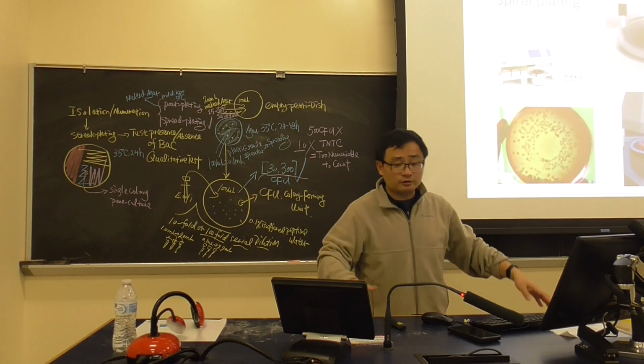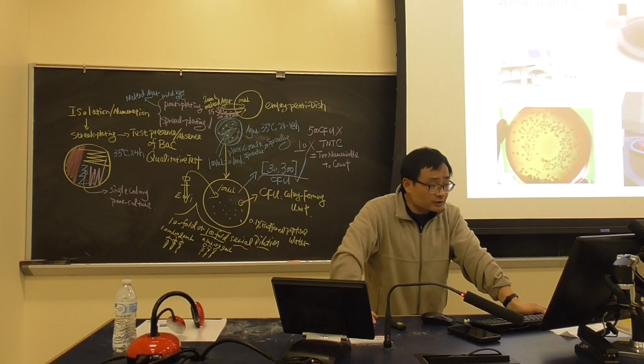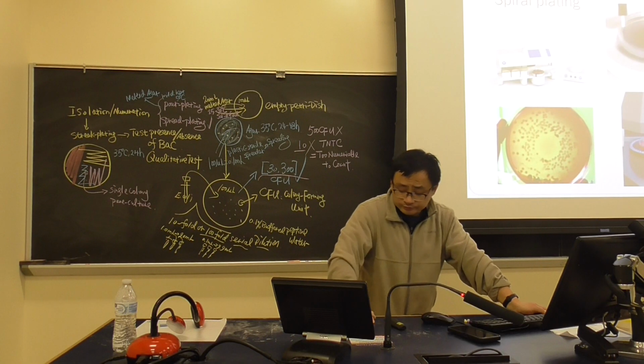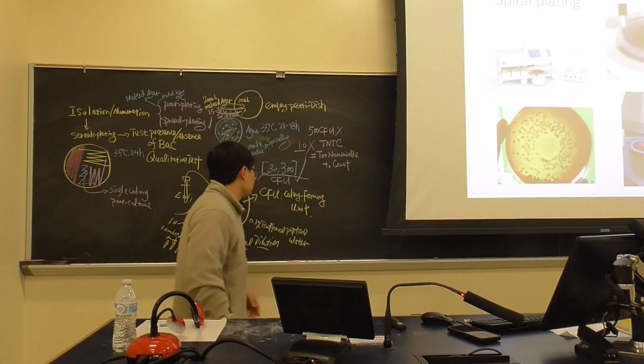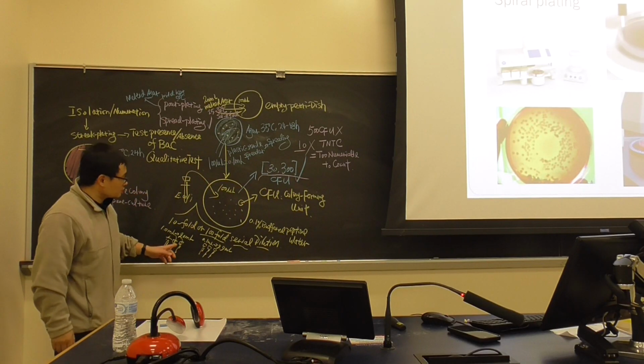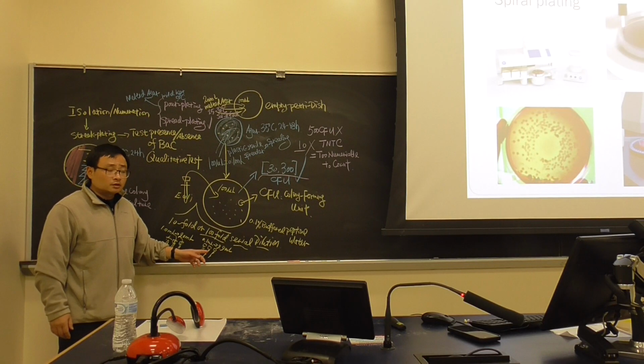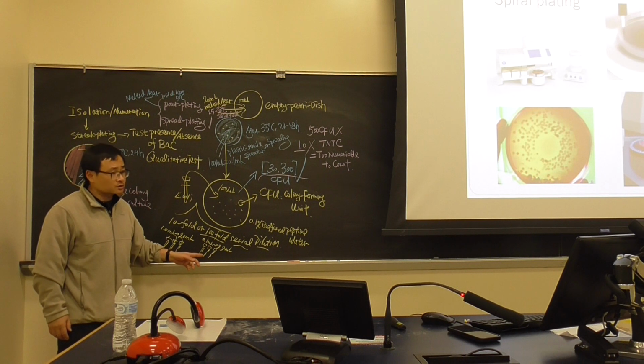So why do people use this? Well, it certainly saves you labor, because one person can handle this. The major reason is that using pour plating and spread plating, we need lots of dilution. Pour plating and spread plating need at least 3 or 4 tubes.